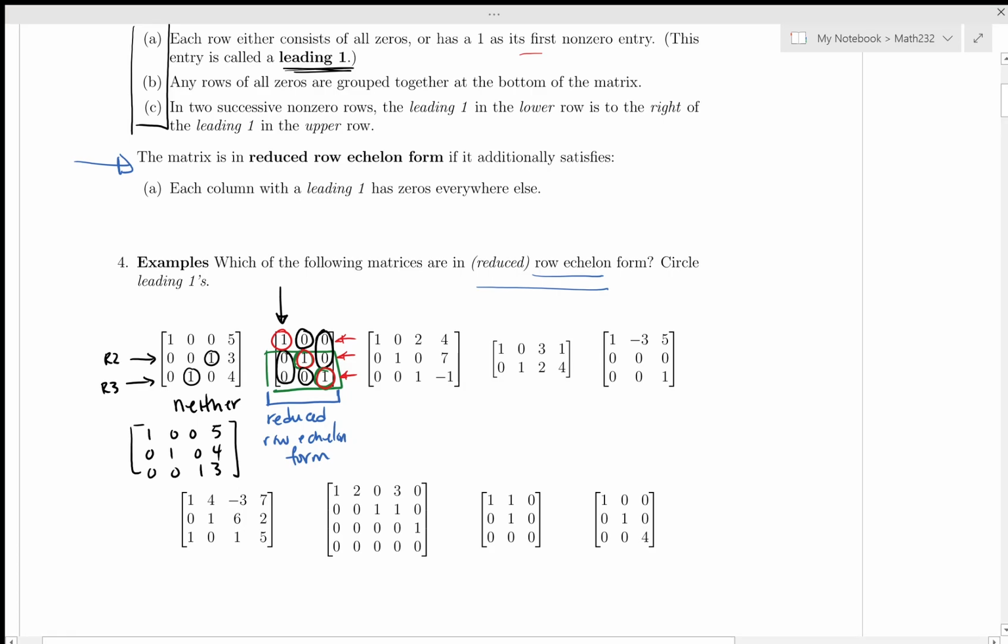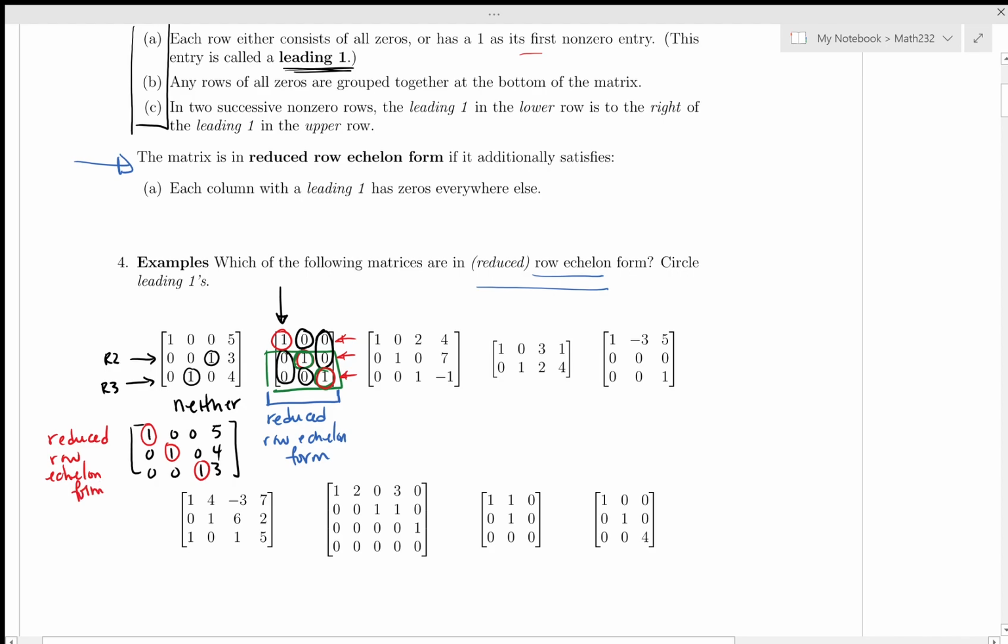As it was originally, it was neither, but now there's no zero rows, the leading ones move to the right as I go down, and any place that has a leading 1 has zeros everywhere else. So by swapping those two rows, it's now in reduced row echelon form. It wasn't originally, though.